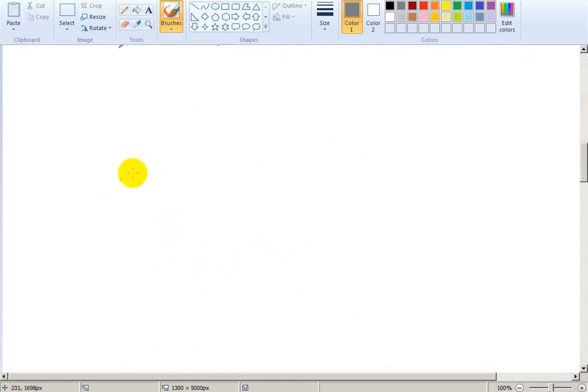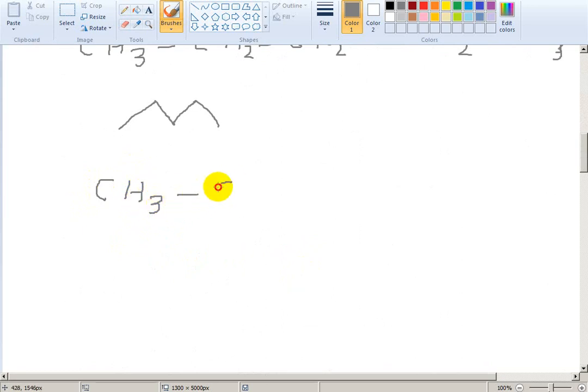like this, like I gave a chloro functional group here.